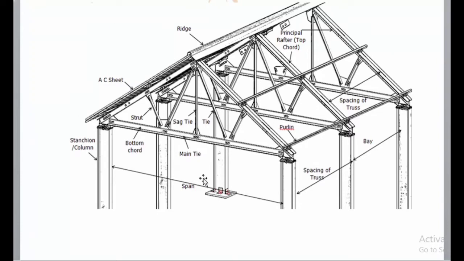Now, in this figure, you can see that these inclined outermost members, called principal rafters, will normally be subjected to compressive force when this truss is subjected to vertical forces or gravity forces. And these members are called struts based on the slenderness ratio of the member.